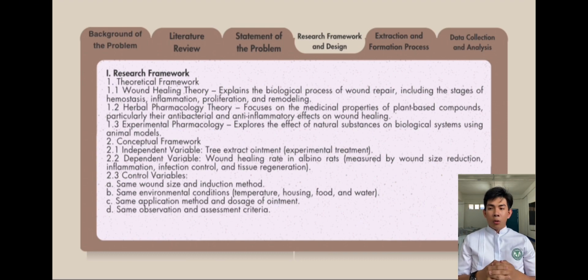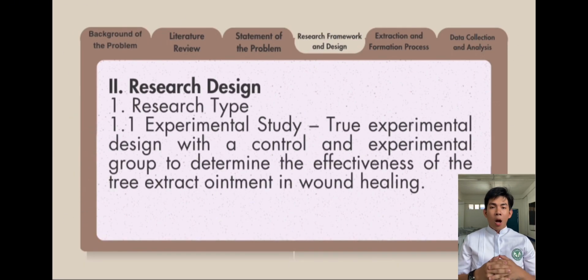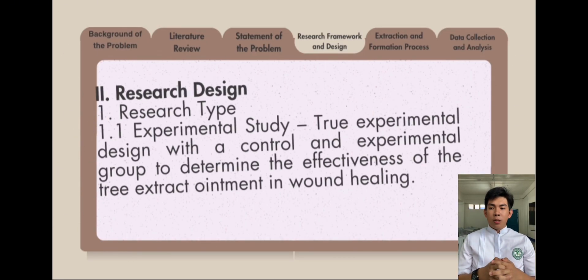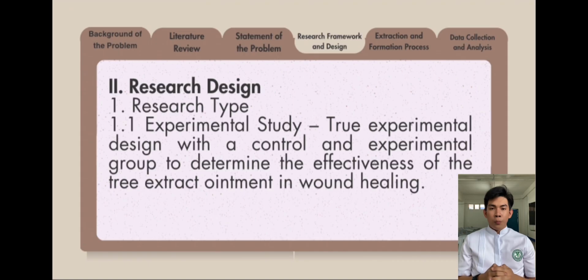Our control group are rats treated with petroleum jelly as placebo. We will observe the wound contraction, infection control, and tissue regeneration over a fixed period to compare the effects of the tamarind-based ointment with the control group.